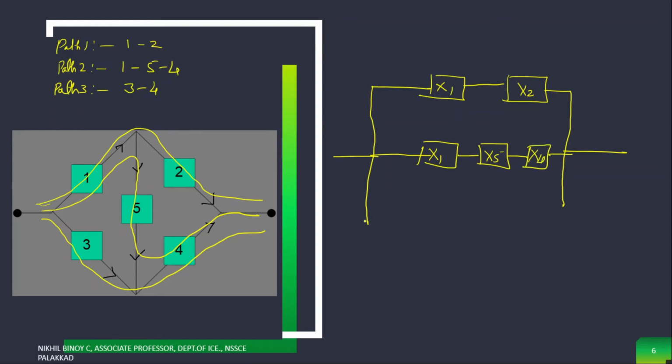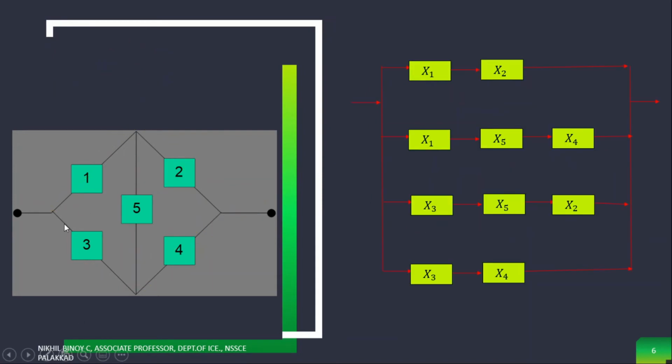Okay, then similarly the last path is 3, 4, means x3 in series with x4. So this one is the modified reliability block diagram of the bridge configuration shown. Is it okay? So we already discussed how to find the system reliability of this bridge configuration.